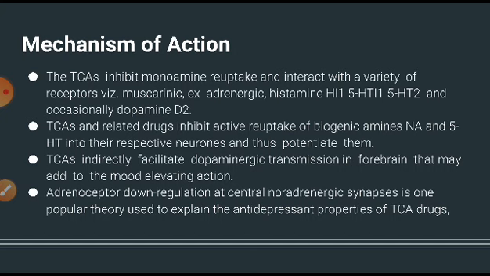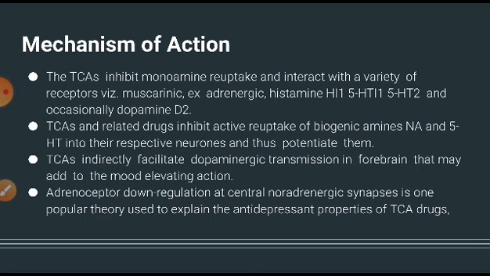Now we'll see how these tricyclic antidepressants, especially imipramine, act. The tricyclic antidepressants inhibit monoamine reuptake and interact with a variety of receptors.